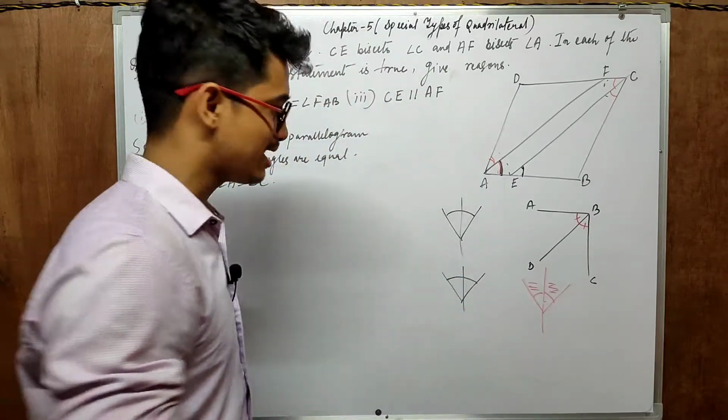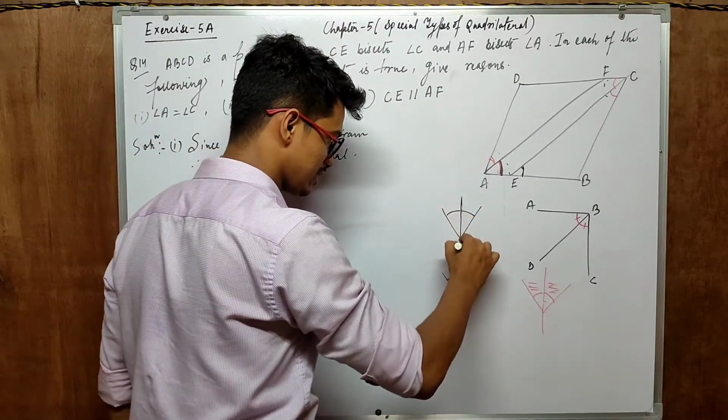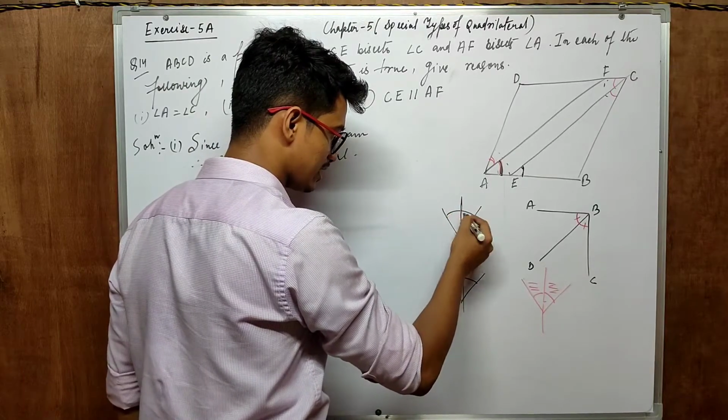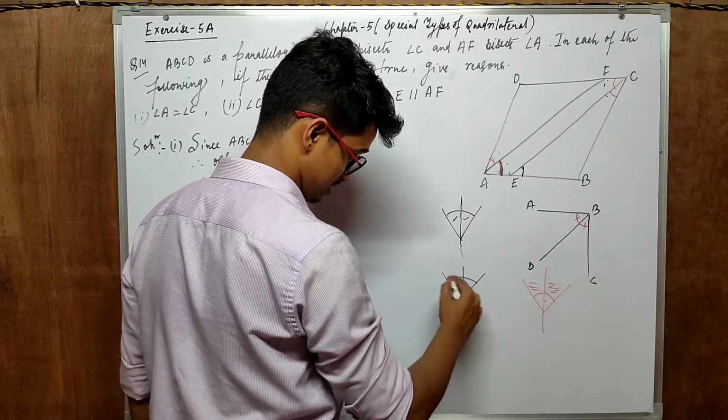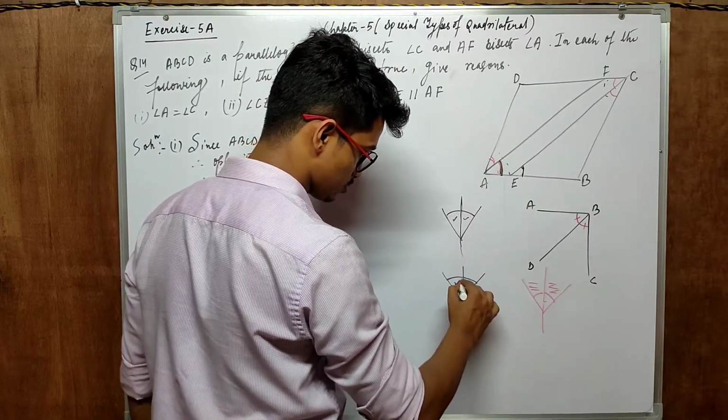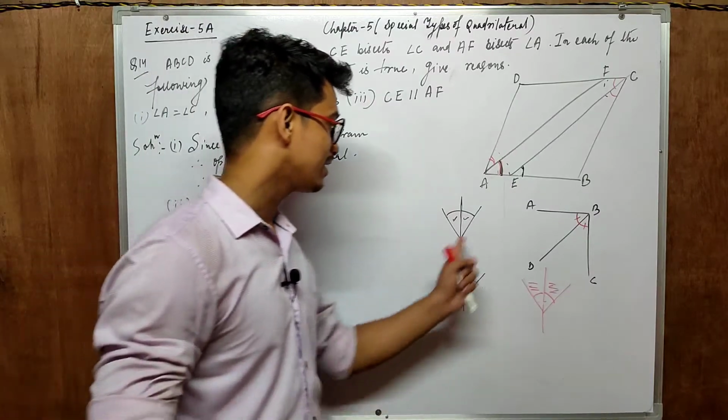The question is saying that because of this line, these two gaps are equal to each other, and because of this line, these two gaps are equal to each other, and the whole angle is equal to each other.